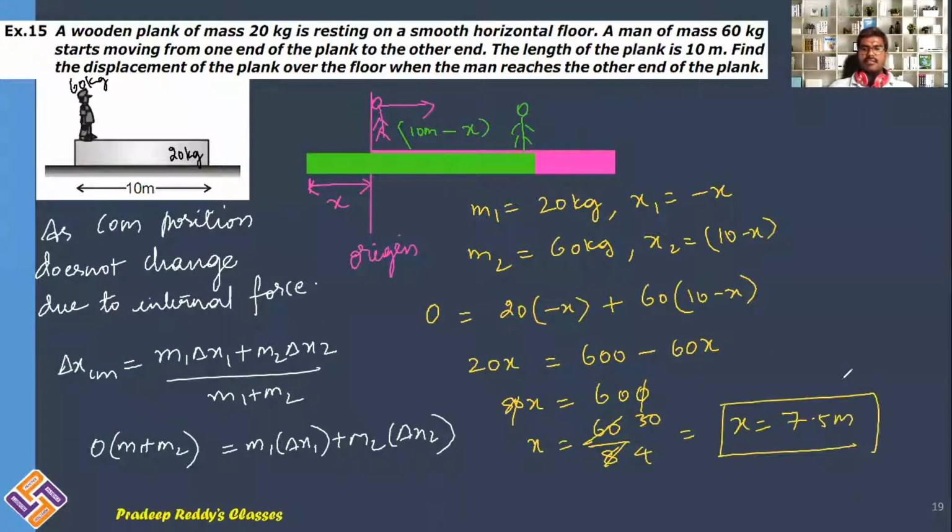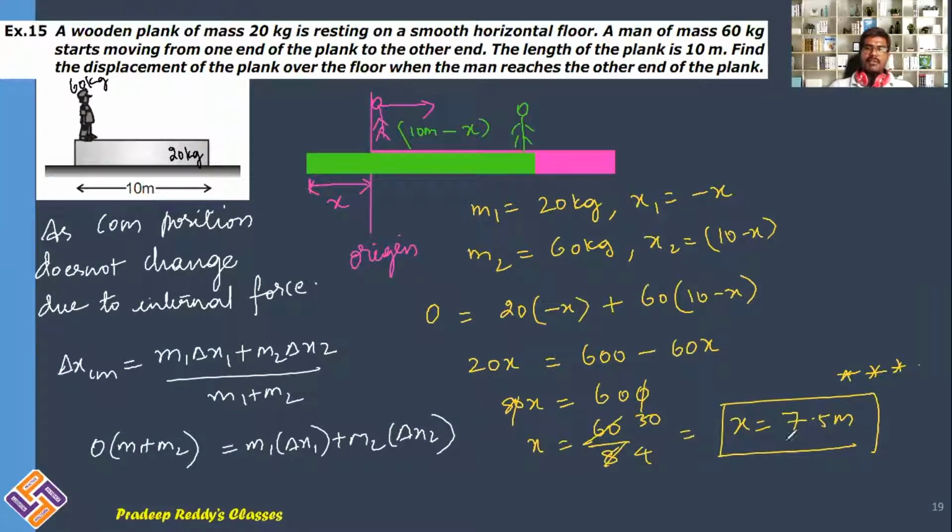This is the actual answer. That means the displacement of the plank from the initial position is 7.5 meter from its actual position. This is the displacement delta x.